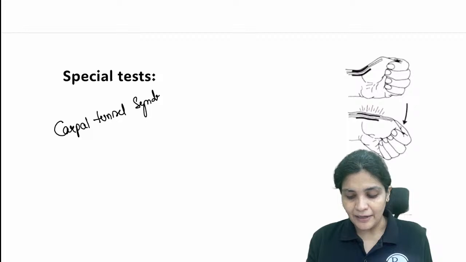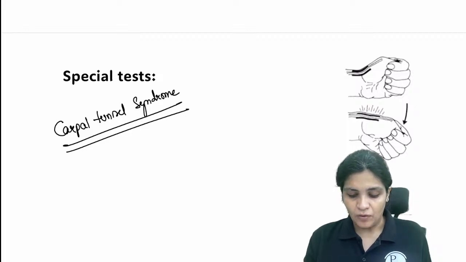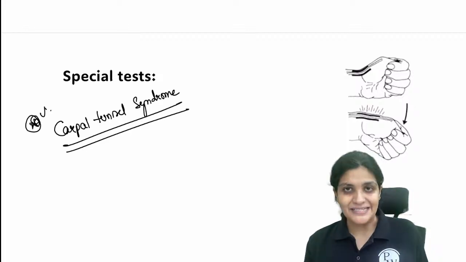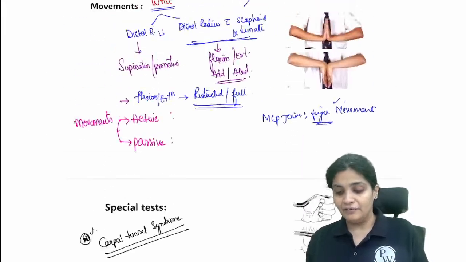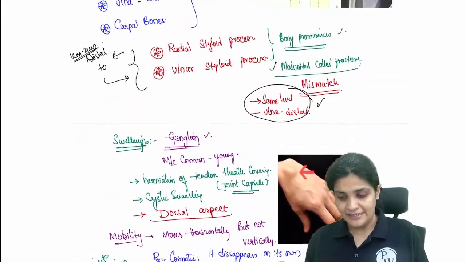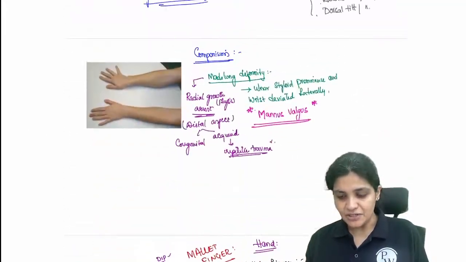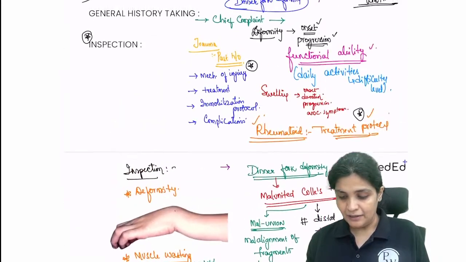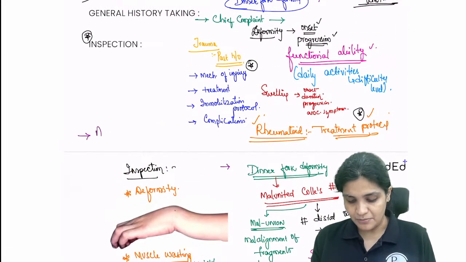So you have to put in mind all the possibilities which the patient can present with. So here again, whenever you're talking about the malunited Colles fracture, in the history taking, you can ask whether the deformity is associated with any other symptoms.